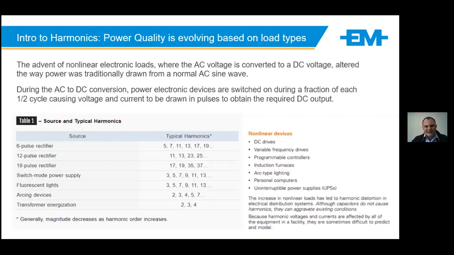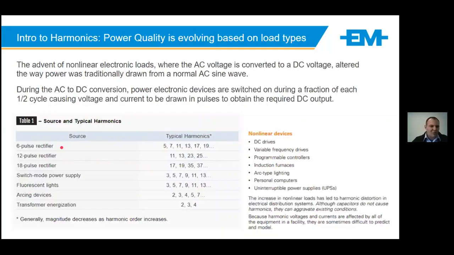So what does that mean? Our typical sites nowadays would have, as we mentioned, these non-linear electronic loads. What are they? You can imagine a variable speed drive. Depending on the type of drive, it depends on how many pulses it produces, and depending on the pulse type, it would affect what we call a harmonic order.